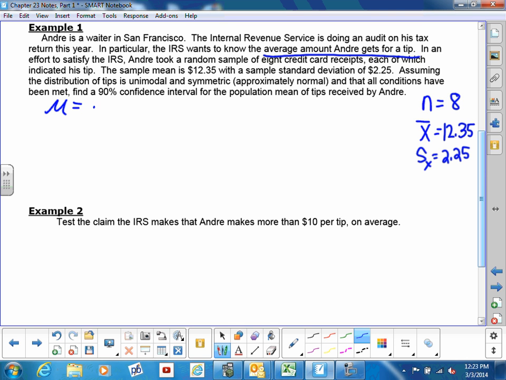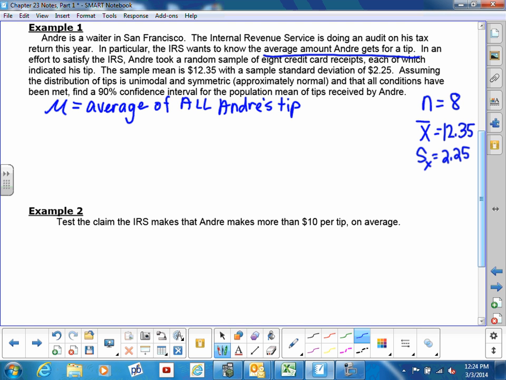I'm trying to estimate an average of all of Andre's tips, and I'm going to make this estimate from just one sample of 8 tips. So you have to think, what are you going to make an inference about? The average of all of his tips. You'd put all the amounts together and then average.